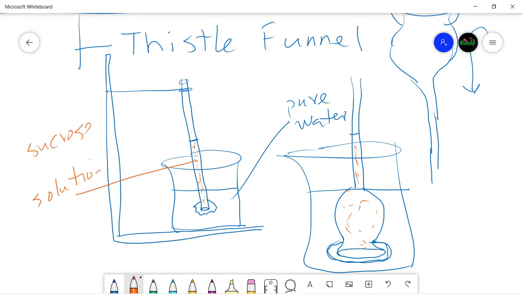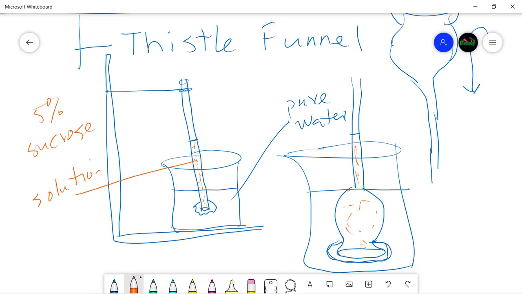You can add, for example, a 5% solution of sucrose. So 5% solution means 5 grams of sucrose in enough water to make 100 ml of solution. So you have added 5% sugar solution.